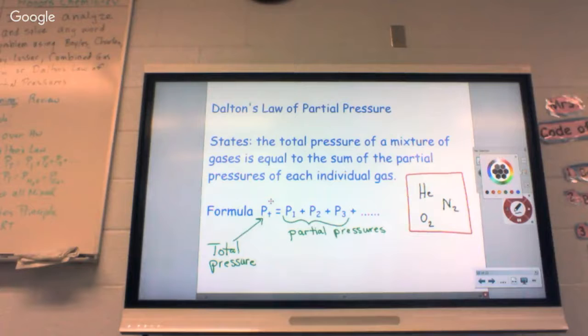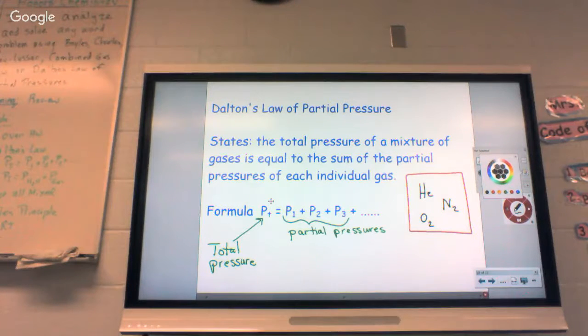What creates the pressure inside of the container? They collide. What do they collide with? Each other and the container wall.